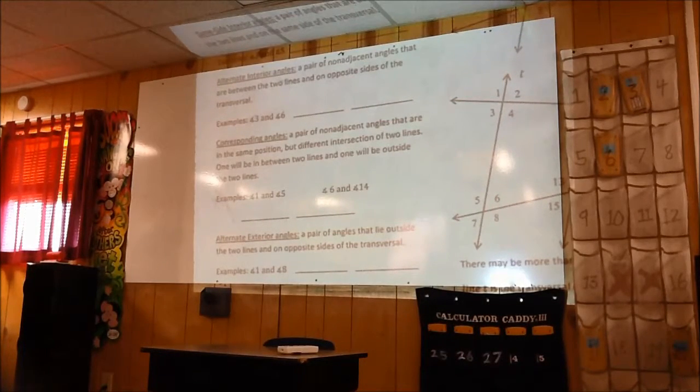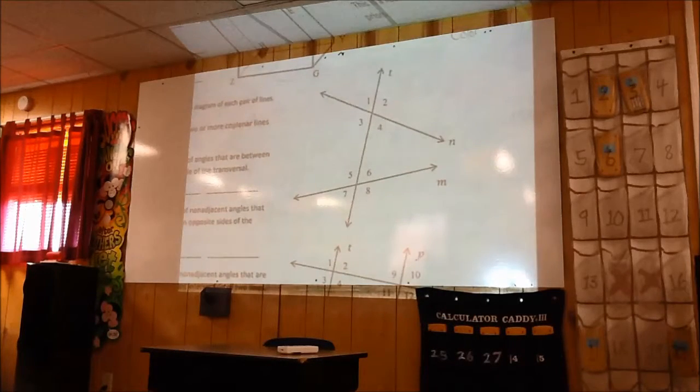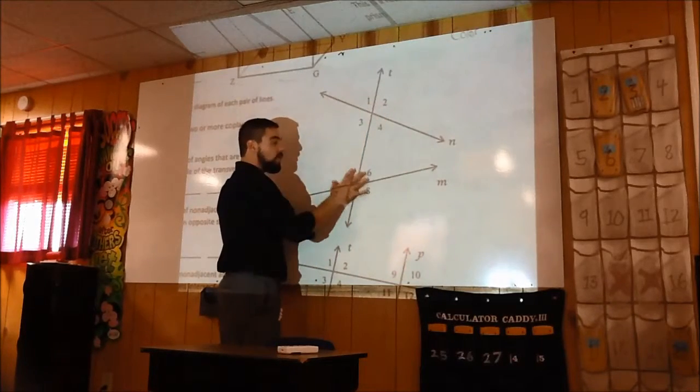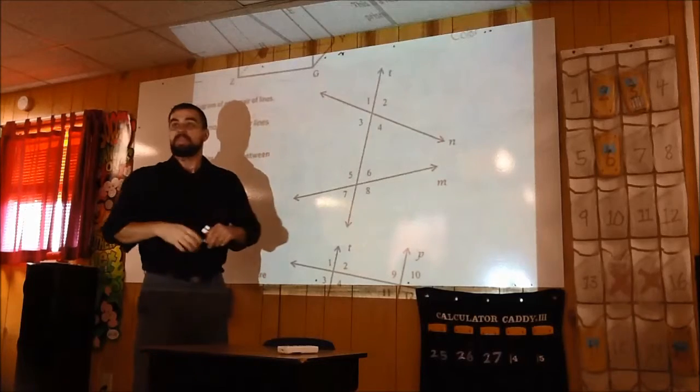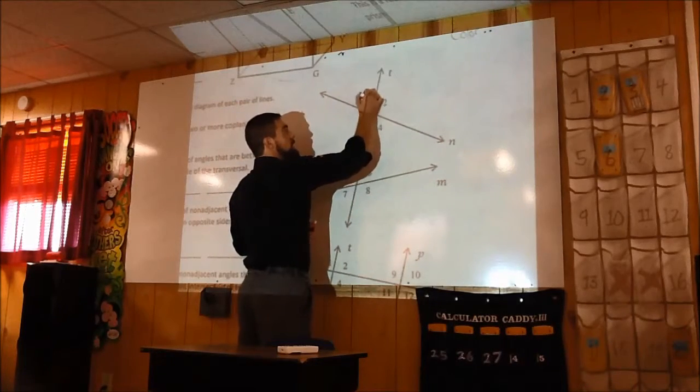But we're first going to talk about corresponding angles, so please find that definition on the left-hand side. Before we read that definition, there are 4 angles in this intersection and 4 angles in this intersection. There are certain positions.